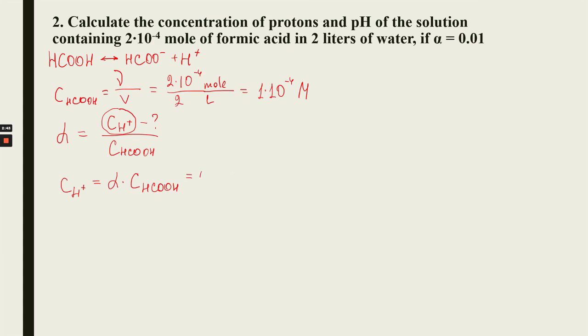Alpha is given, it's 0.01 multiply 10 power minus 4 moles per liter, and we will get 10 power minus 6 moles per liter. And the pH of that solution will be negative logarithm of molar concentration of protons, and actually it is 6. That's it.